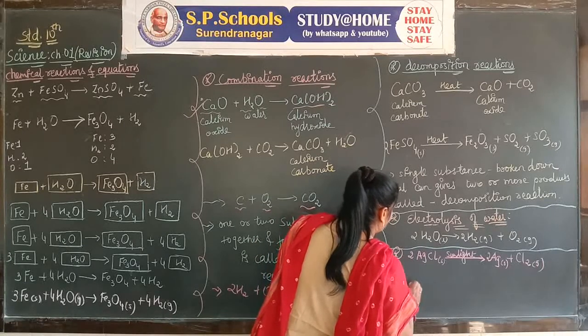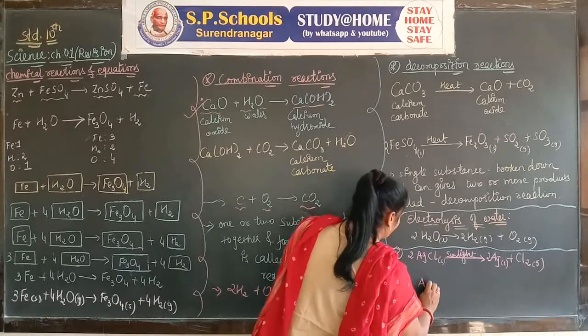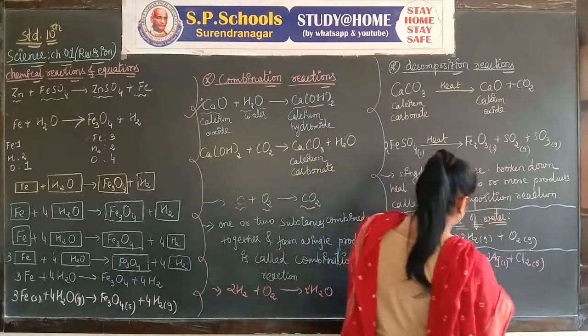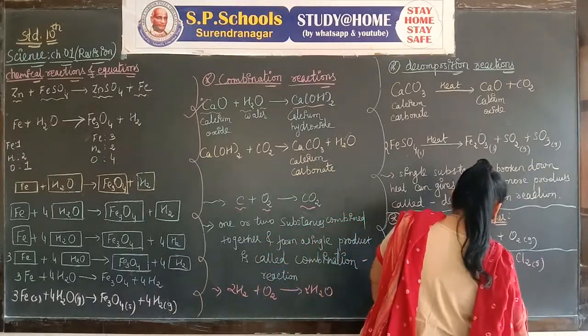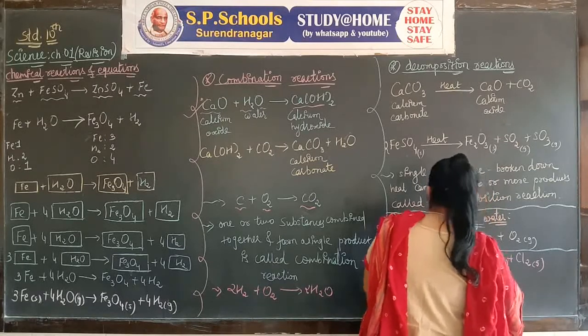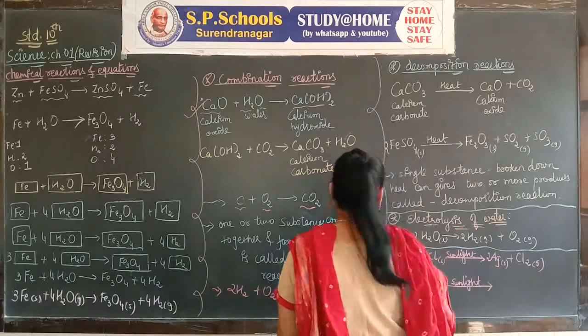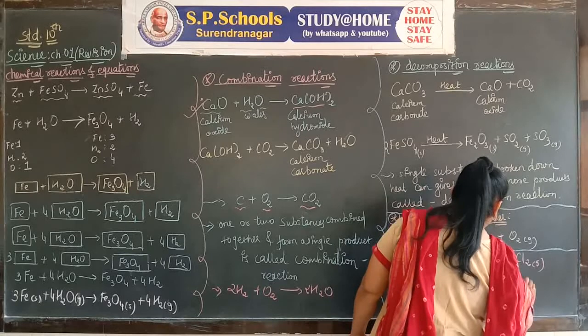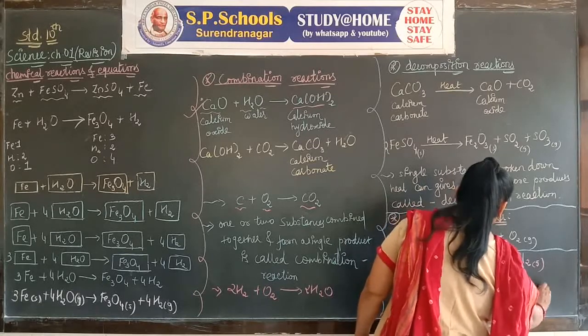Another example, in the same case we take AgBr instead of AgCl. In the presence of sunlight, we get Ag plus Br2.